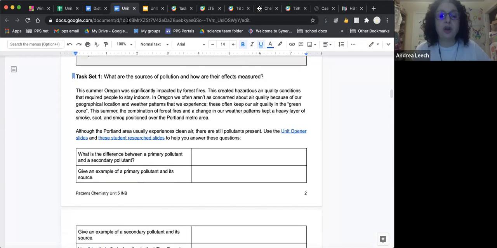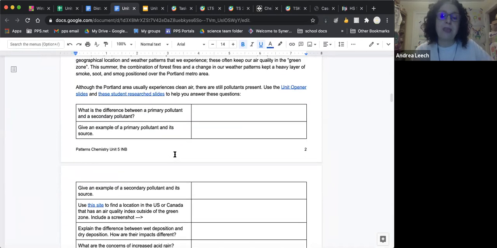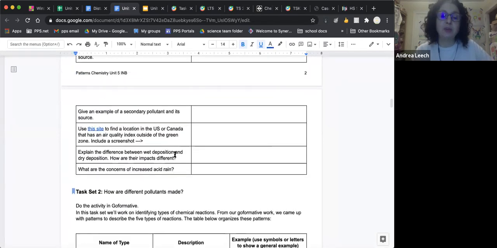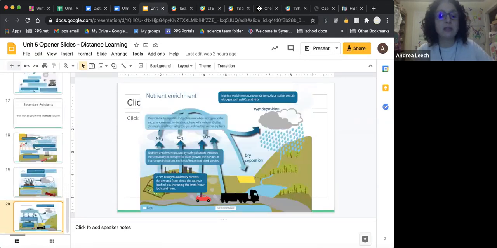Once you've gone through there, you want to talk about the differences between primary and secondary pollutants, and that's what's going to go in their interactive notebook. For this first one, the unit opener, since you're talking through this and letting them know what's going on and explaining the different parts of pollution, I would do that as a live session piece to introduce the unit and let them see what's going on with the unit.